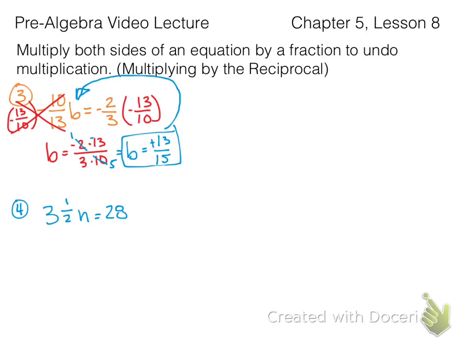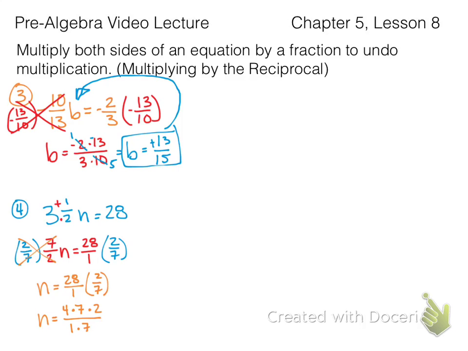Number 4. We have 3 1/2 n equals 28. You need to put this into an improper fraction before multiplying by the reciprocal. So that would be 7 over 2 n equals 28 over 1, multiplied by the reciprocal on both sides to get n by itself. Simplify before you multiply.